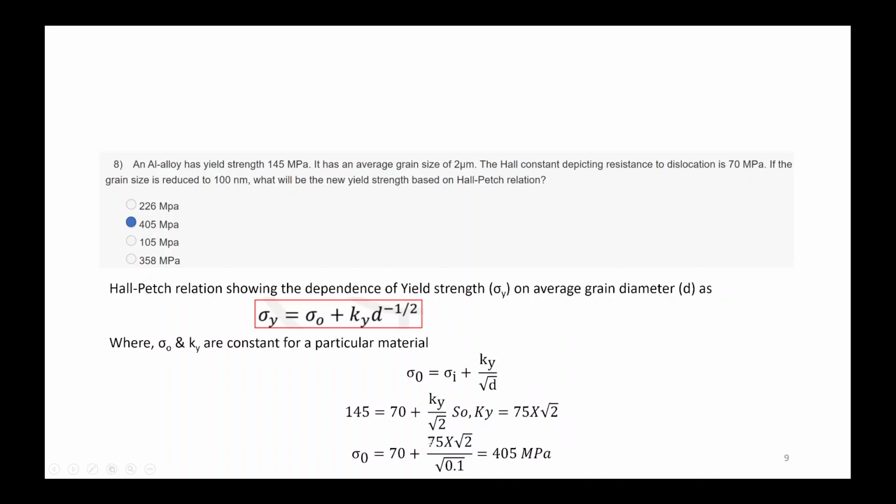This value we'll be putting in the next equation when we'll be solving for sigma y at 100 nanometer. We'll convert 100 nanometer into micrometer, so it will be 0.1, and we'll be getting the value 405 megapascal.